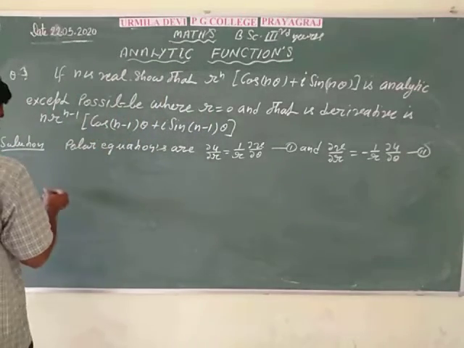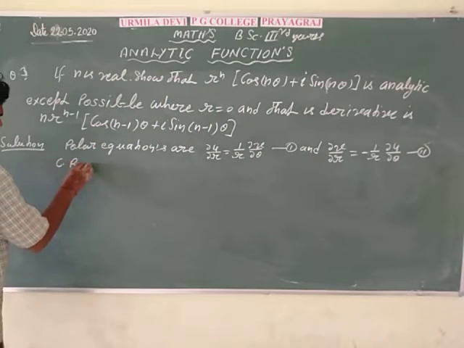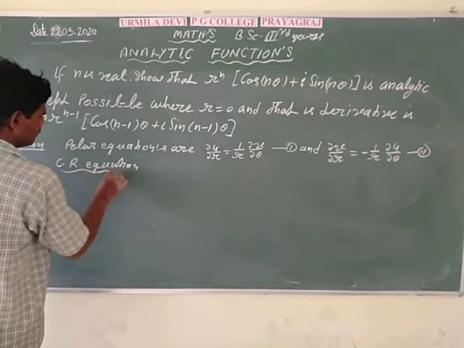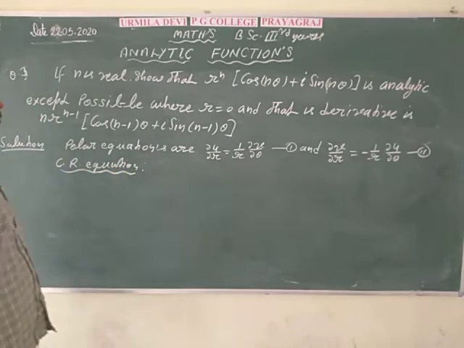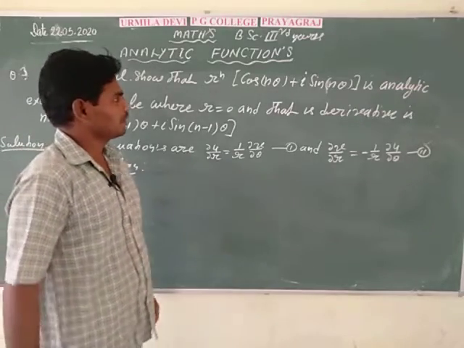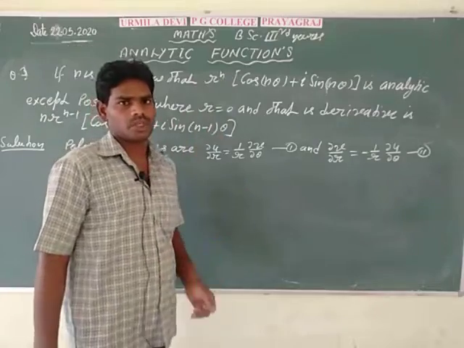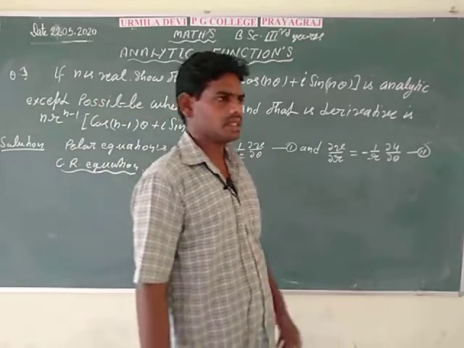These are called the CR equations. Therefore first calculate the values of u and v by comparing the given function f(z) with w is equal to f(z) is equal to u plus iv.